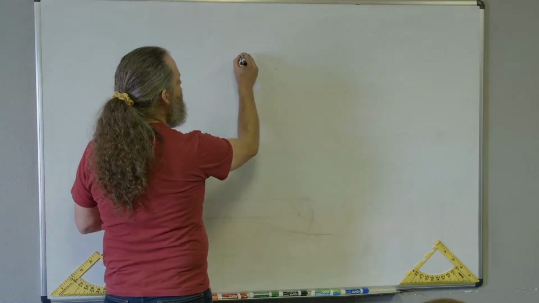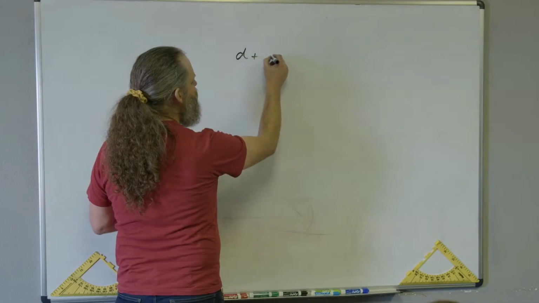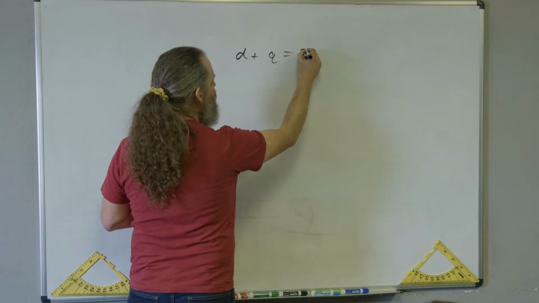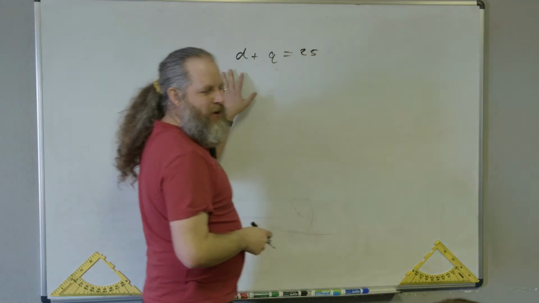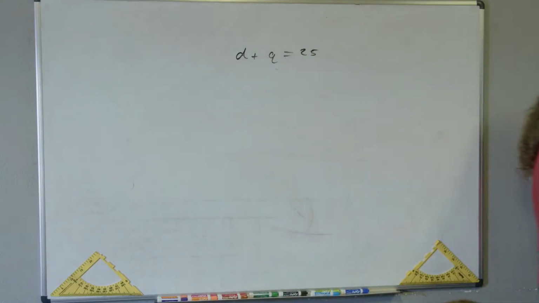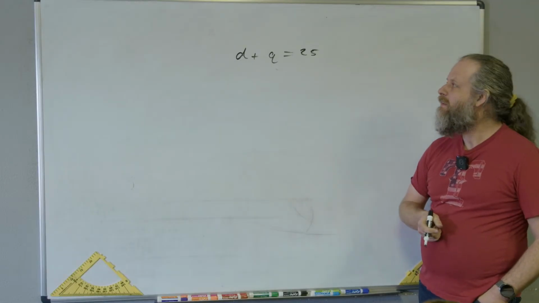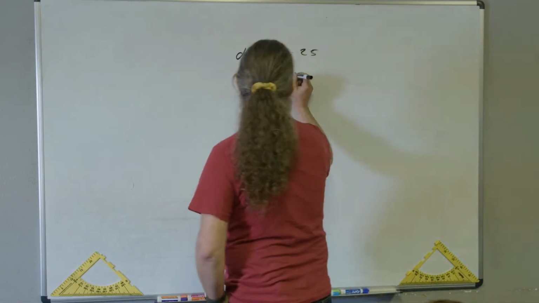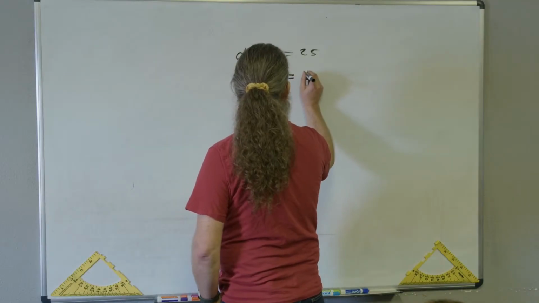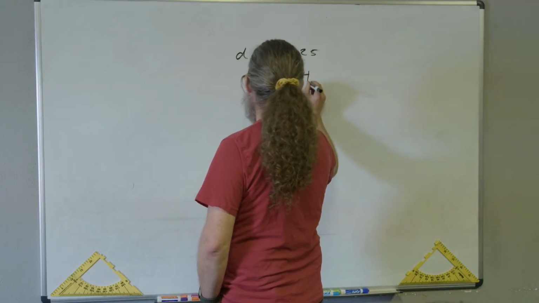So dimes plus quarters is 25, right? If I have all the dimes that I got plus all the quarters I got, that's 25. There's one equation. Sad day, there's 2 variables. Oh no, hence the system. We need another equation. We have another total. We have a $4 total, right?